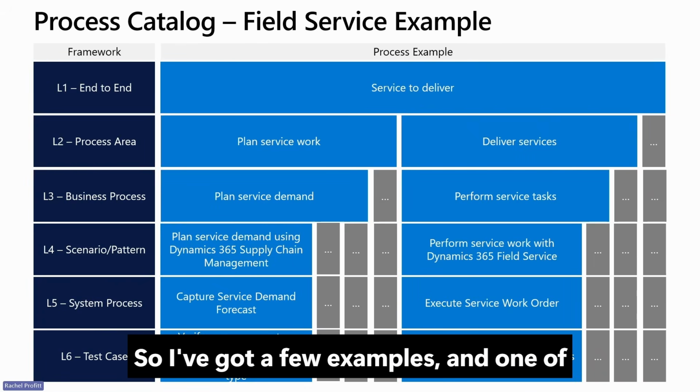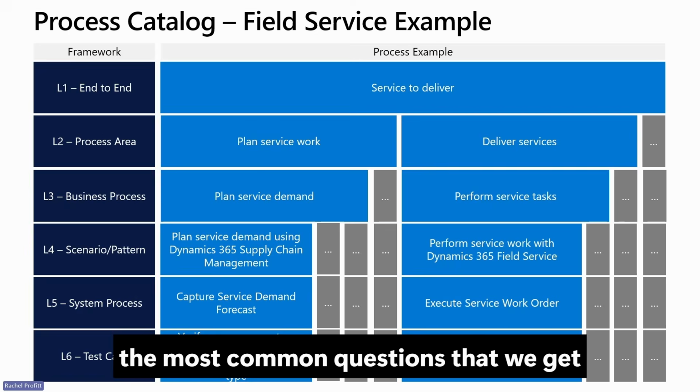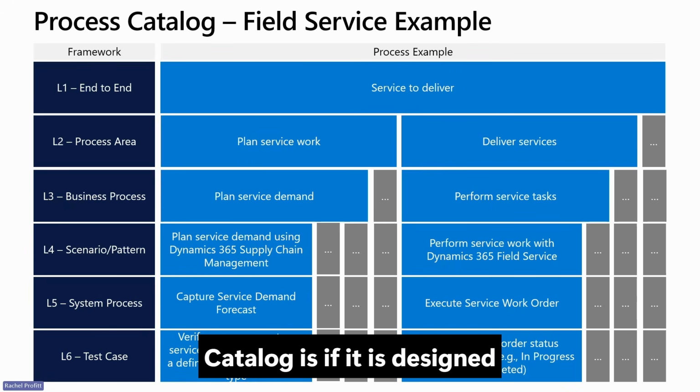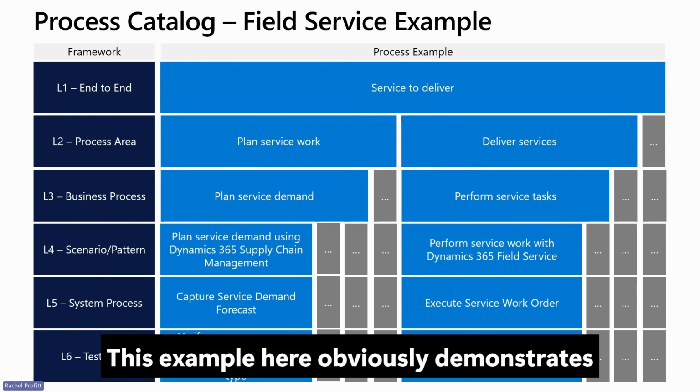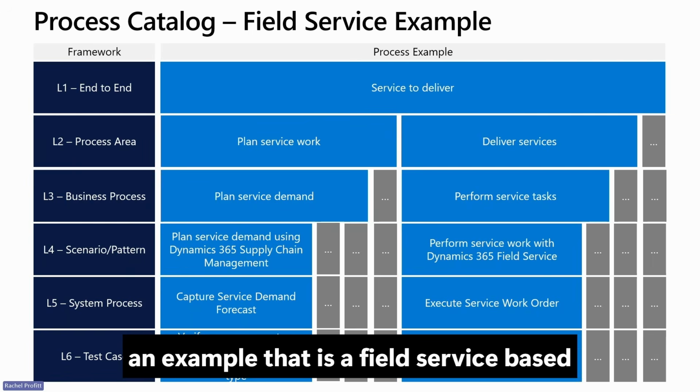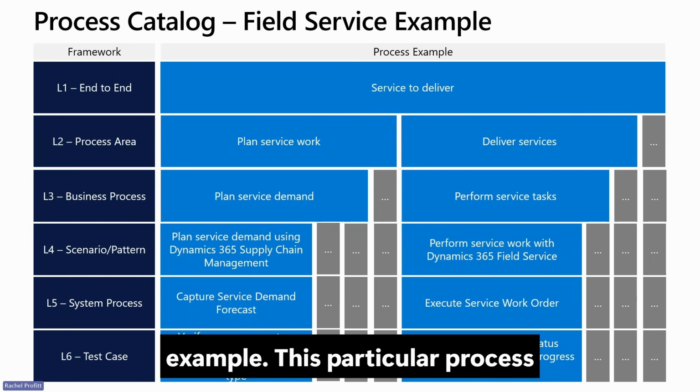So I've got a few examples, and one of the most common questions that we get about the Microsoft Business Process Catalog is if it is designed for ERP or CE, and so on. This example here obviously demonstrates a field service-based example.